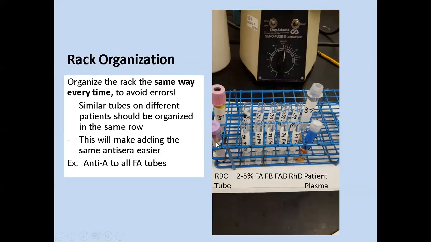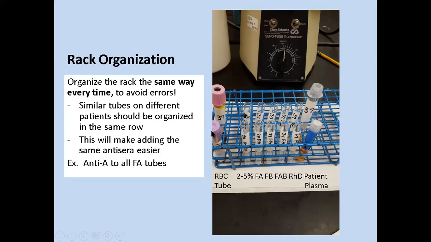I have patient 24, and you can see that was a lavender EDTA. This is patient number 24's red cells, and over here is their plasma. So you can see how they're separated. I have a row that I separated between the samples, and then my next patient was 37, and you can see these are the red cells in a pink top, and here is 37's plasma.